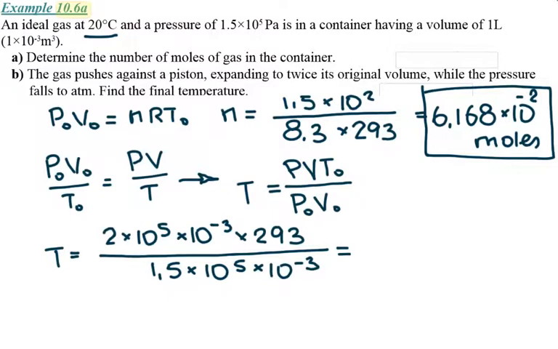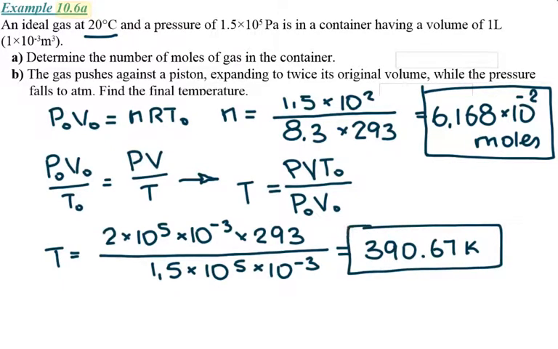So the new temperature is 390.67 Kelvin. And if you want to see what number it would be in Celsius, you just subtract 273 from 390.